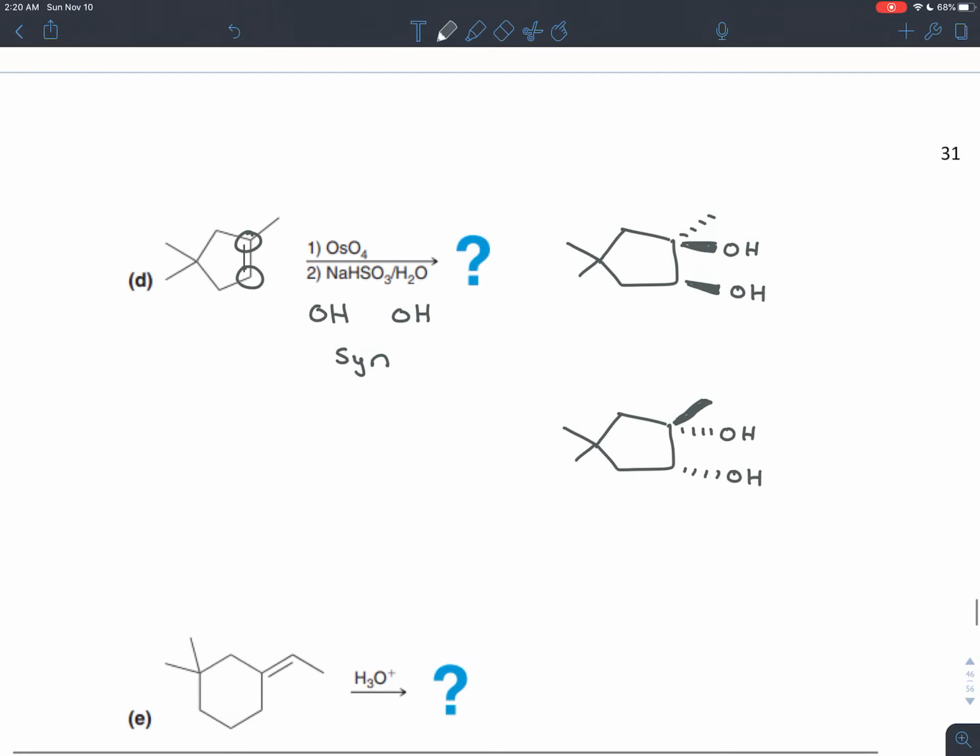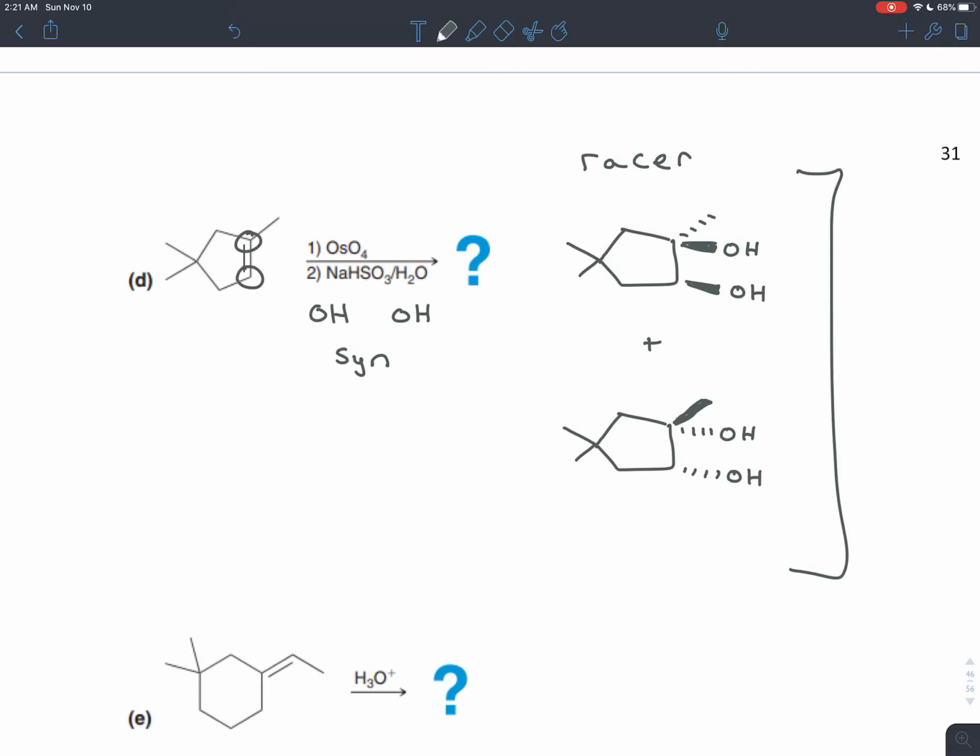And so that switches the chiral configuration, the handedness, of each of the chiral centers. When all of the chiral centers switch configuration, you get the enantiomer. So these two are enantiomers, and you'd have a racemic or 50-50 mixture of those two products if you do this syn dihydroxylation.